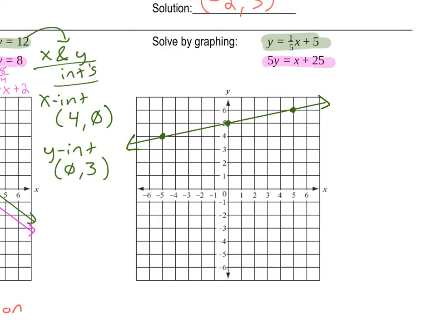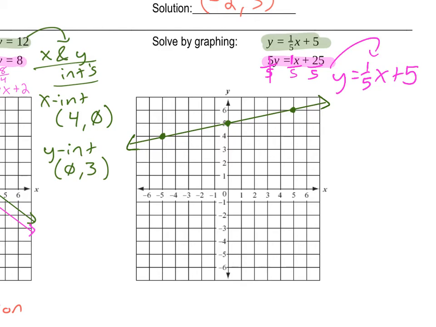And it's not in any form at all. So we have to get the y by itself by first dividing by 5 on everything. So y is equal to 1/5 of x plus 5. Now, if you didn't recognize that, that's the same equation we have above.